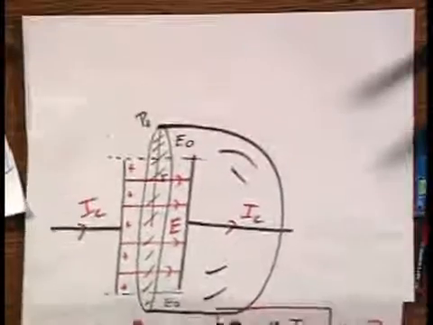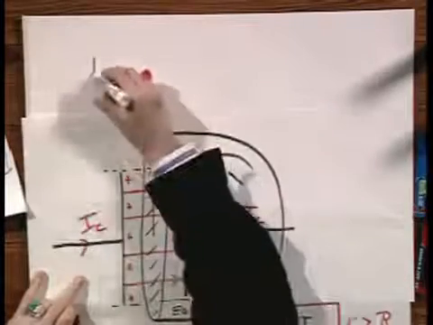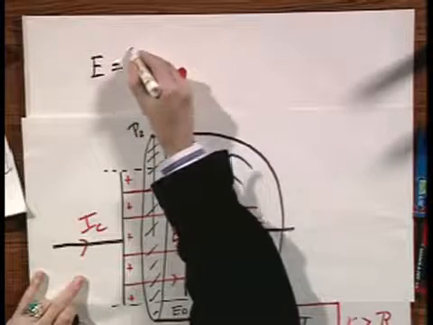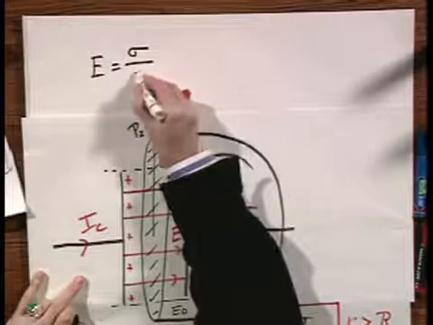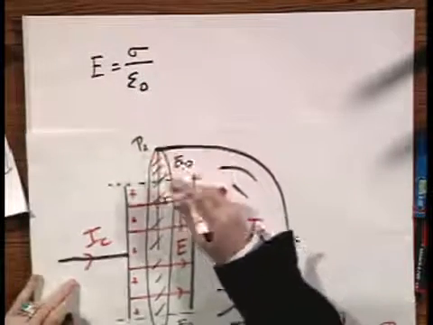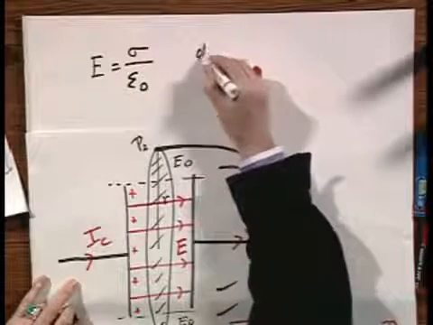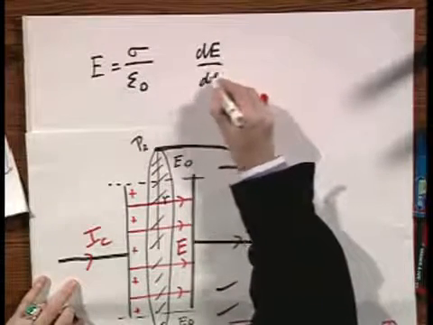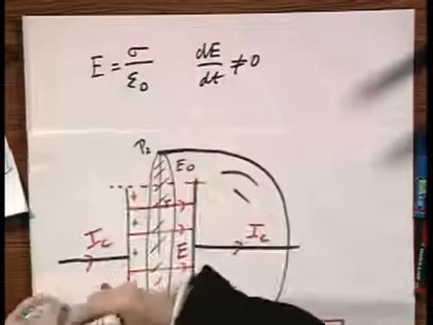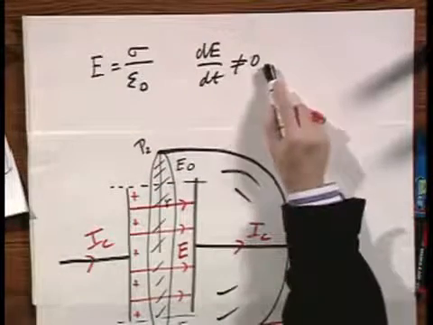What is that electric field? Well, that electric field is sigma, which is the surface charge density, divided by epsilon0. And it is increasing in time, so surely dE/dt is not going to be 0. In fact, dE/dt is going to be a constant.